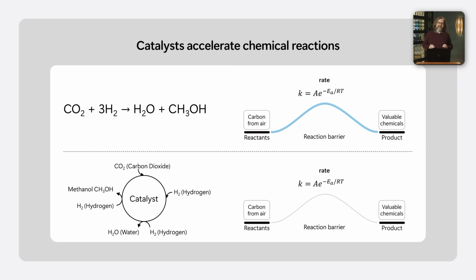And the big thing here is that in that reaction, although it's much more complex with the catalyst, the barriers are all lower and the rate is higher. And the key thing in understanding reaction rates now is being able to calculate these barrier heights. And that's where the quantum computer comes in.